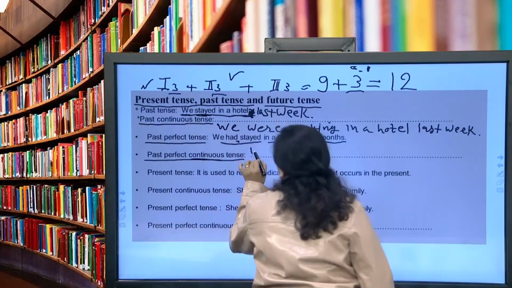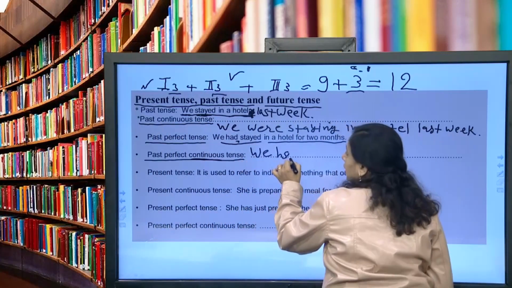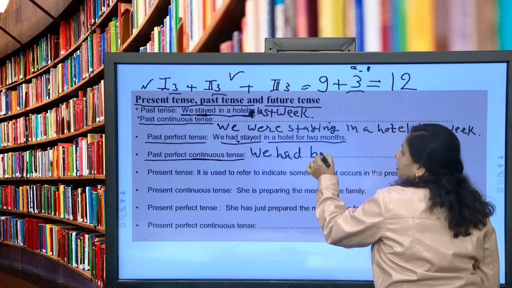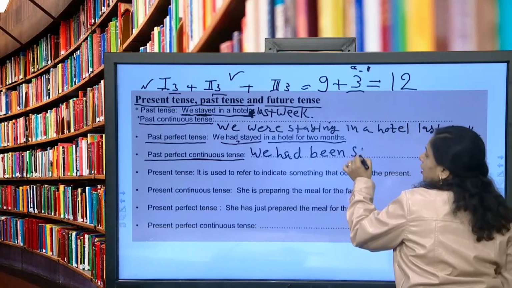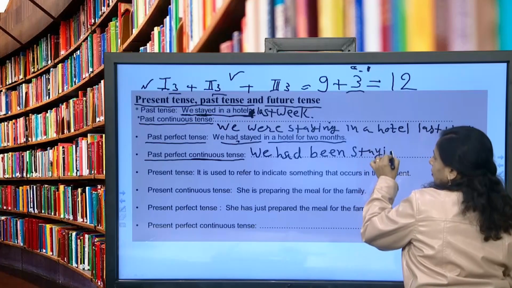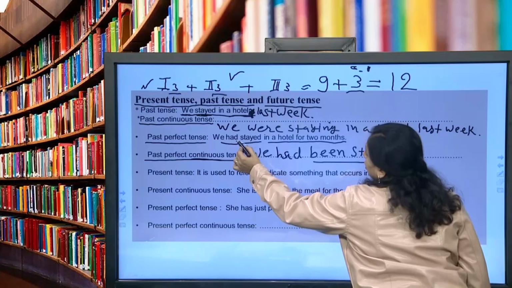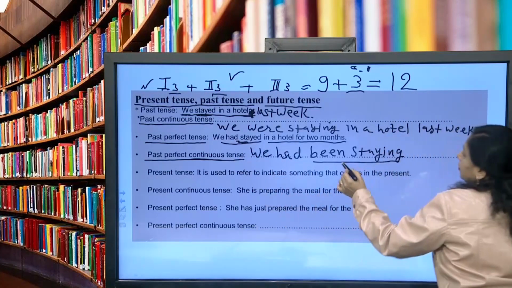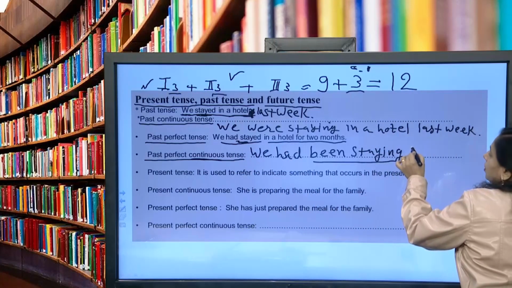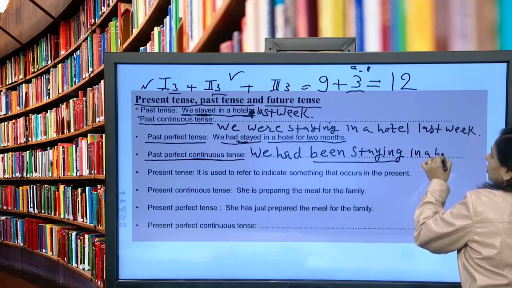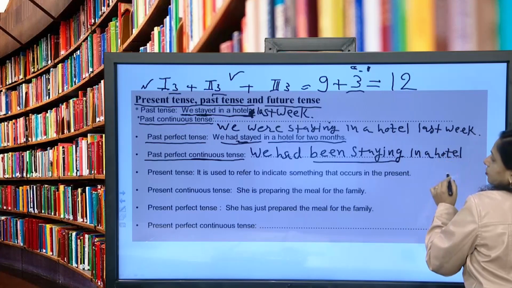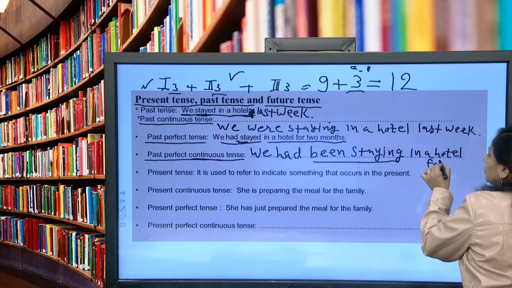So there will be the sentence written as we had been staying. Been staying is used for the word had stayed. We had been staying in a hotel for 2 months.